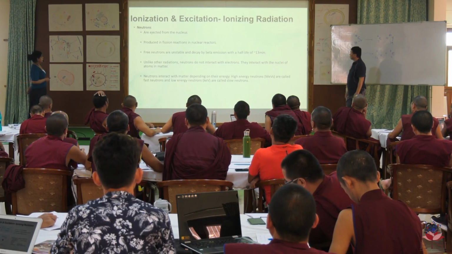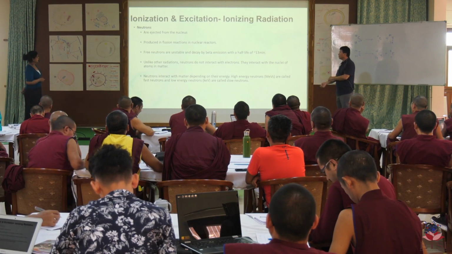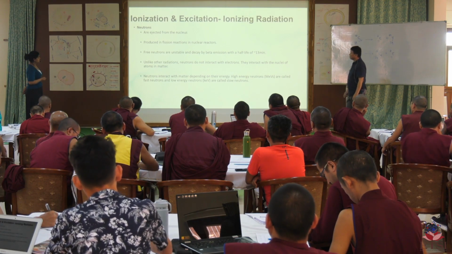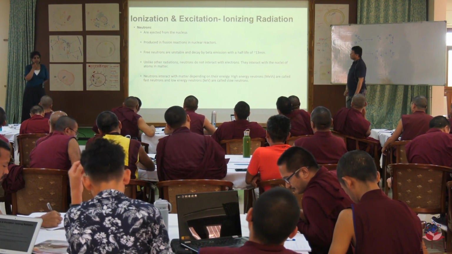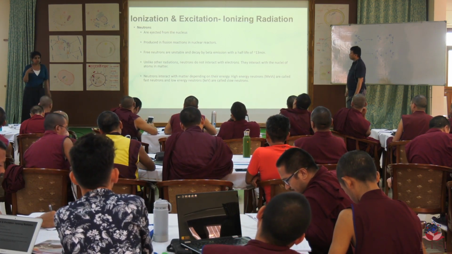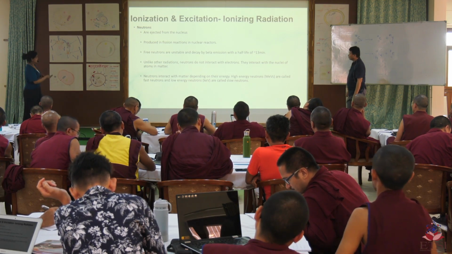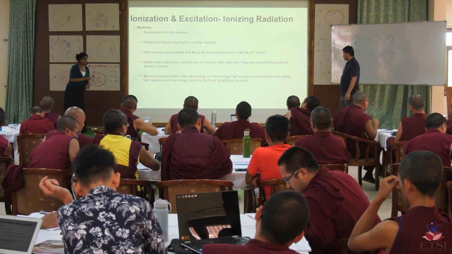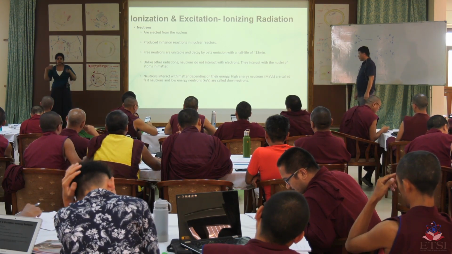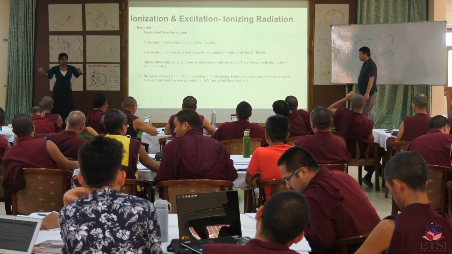So what are neutrons? They are part of the nucleus, and these are ejected from the nucleus. A free neutron undergoes radioactive decay. If there is a neutron which is free, not bound to the nucleus, it becomes radioactive and then decays. These neutrons are produced in the fission reaction in nuclear reactors, where electricity is produced.